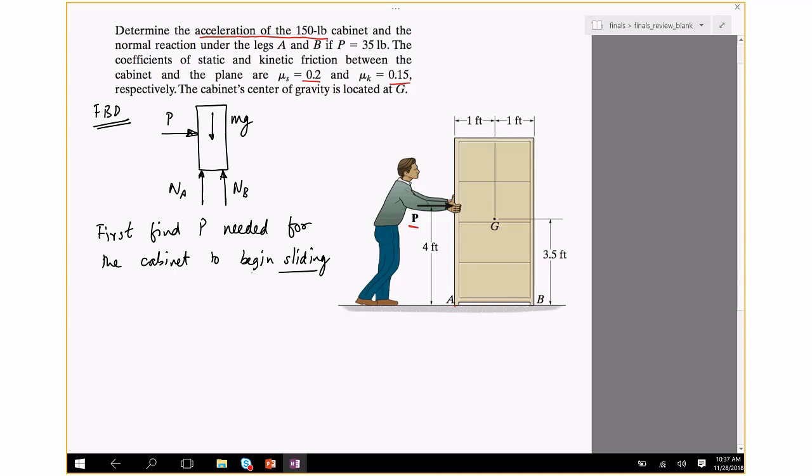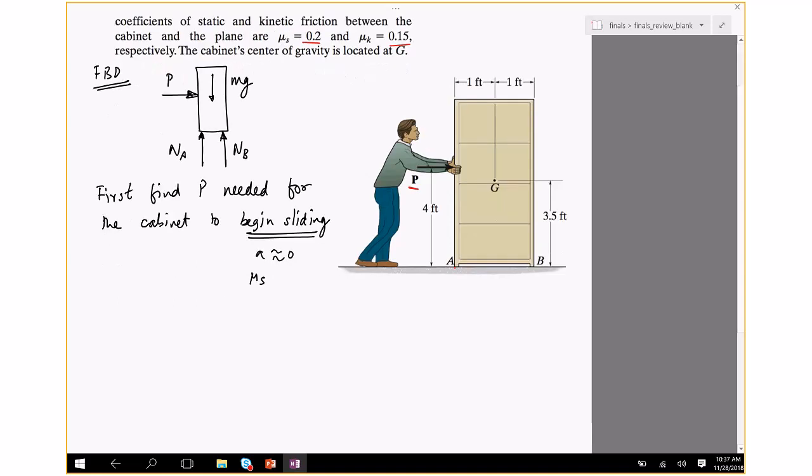Beginning to slide is given by the fact that A is 0, and the coefficient of friction is mu s. When the object is in static equilibrium, the force which prevents it from moving is governed by the coefficient of static friction. So when A is 0, mu s is what you've got to use.